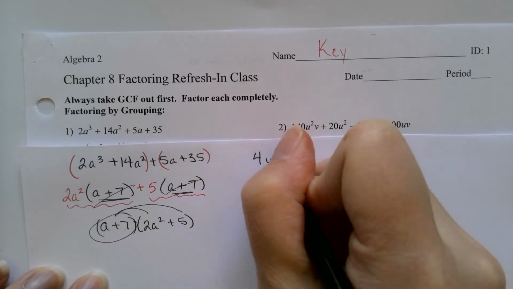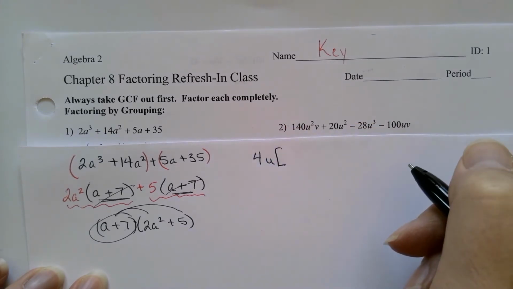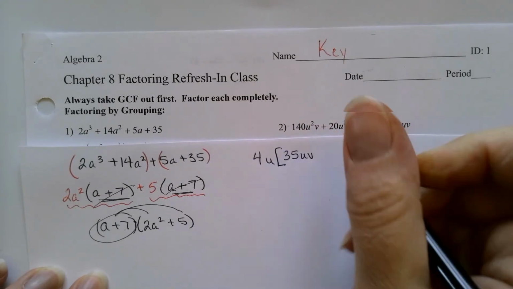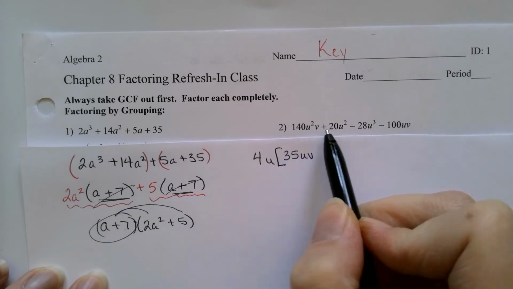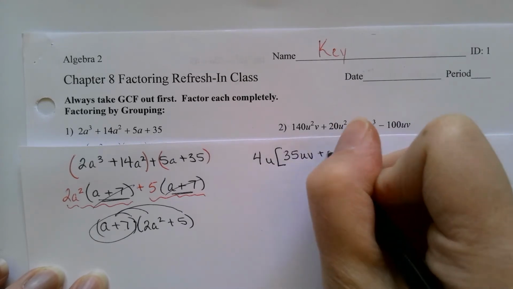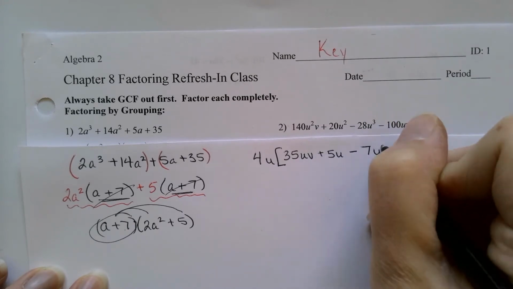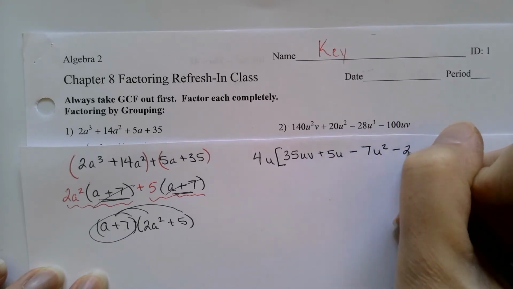Now, I like to put this part in brackets to isolate it. I'm going to have a 35uv. So again, everything's just being divided by a 4u. And then I have a plus 5u minus 7u squared minus 25v.